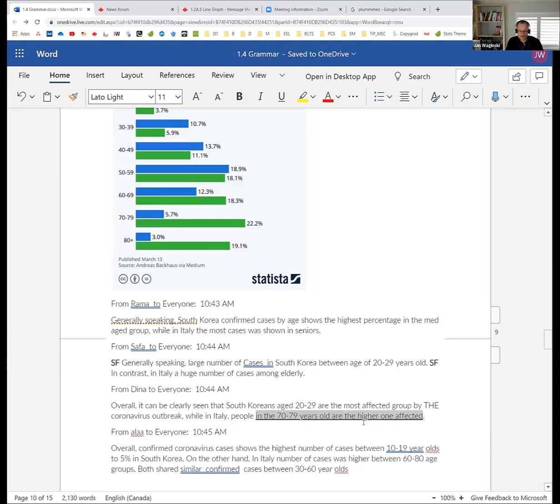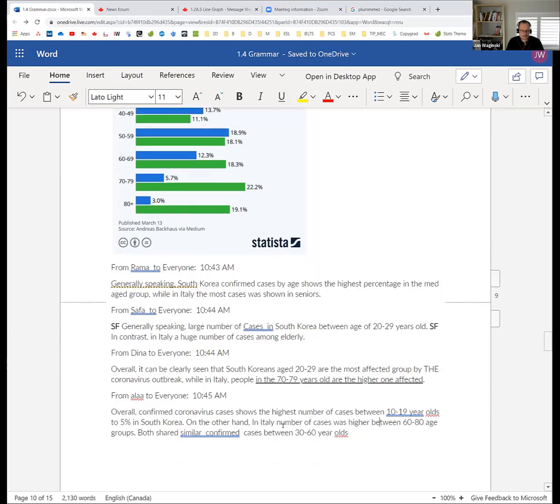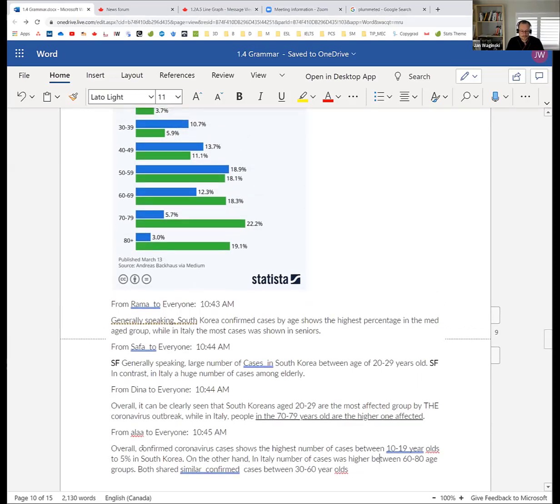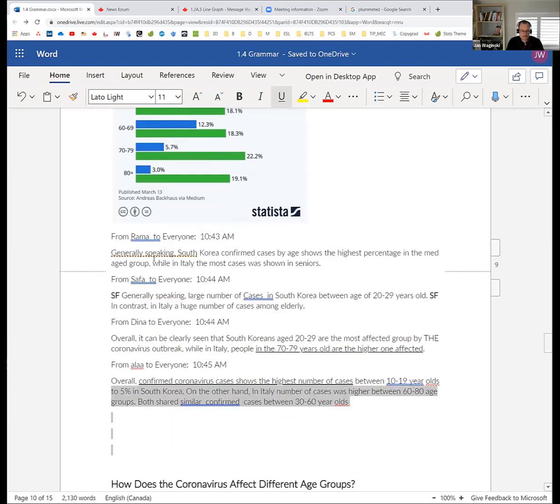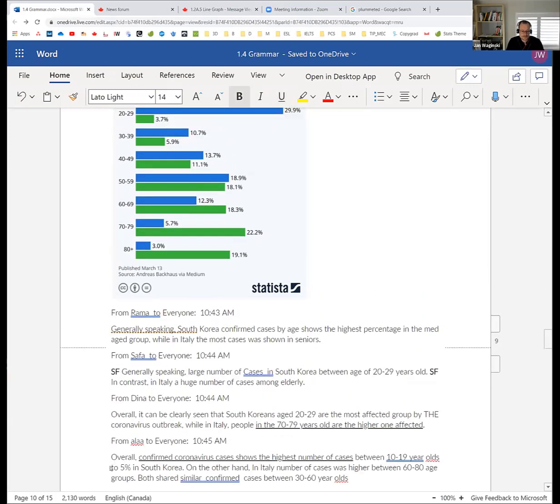And this is awkward. Why does it do that to 5%?